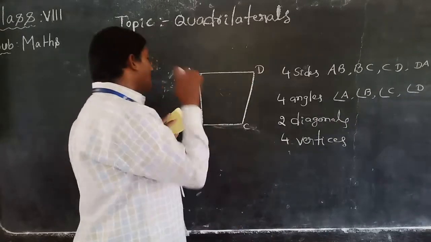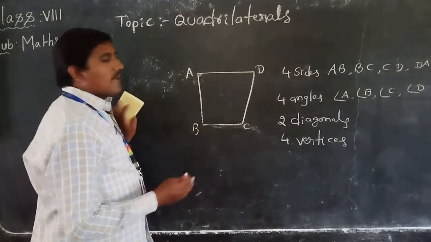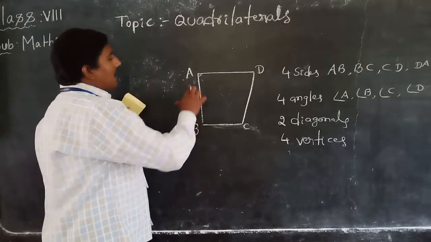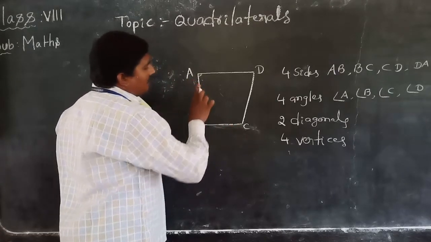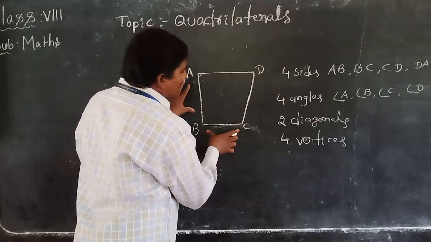Next, adjacent sides. Adjacent is nothing but beside. AB side and BC side are adjacent sides. Why?